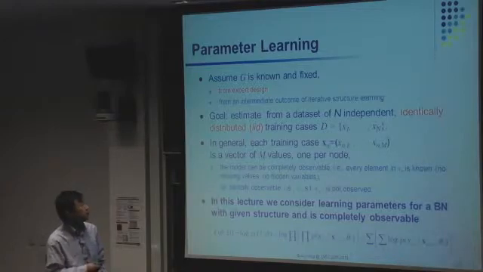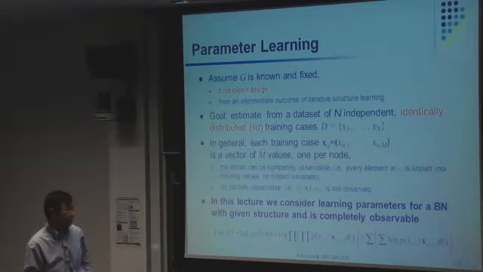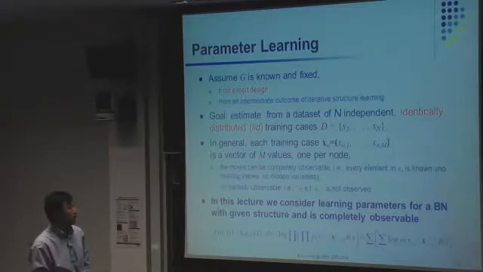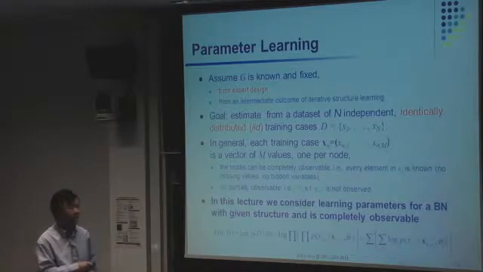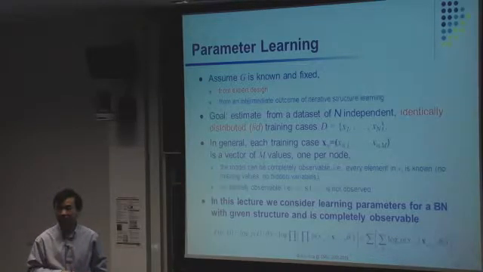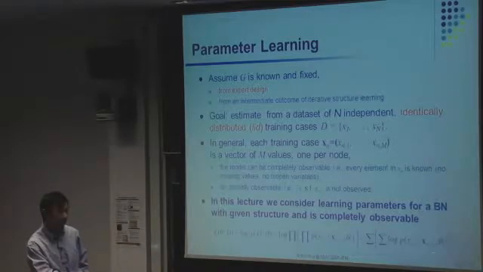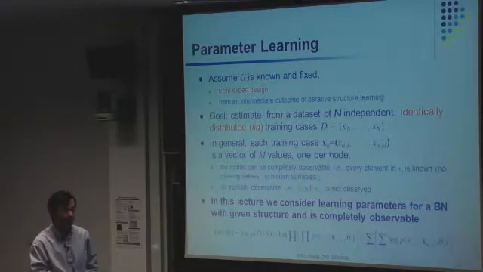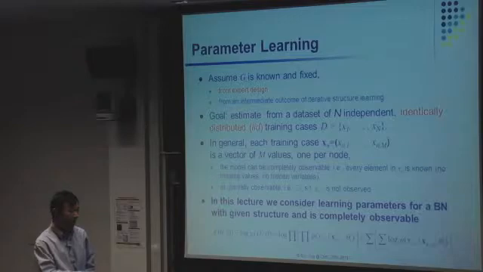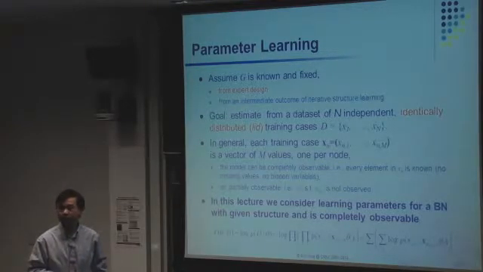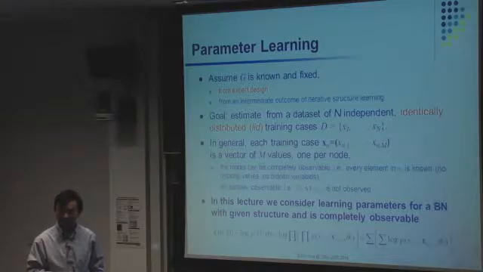Okay. So the general idea is the same as what you saw before, right? We have all this data. We make an important assumption that data are IID, meaning that all these data are coming from the same distribution that we want to estimate, so that we can write down the log likelihood in this form. Okay, it's the sum of log likelihood over every building block in the graphical model.